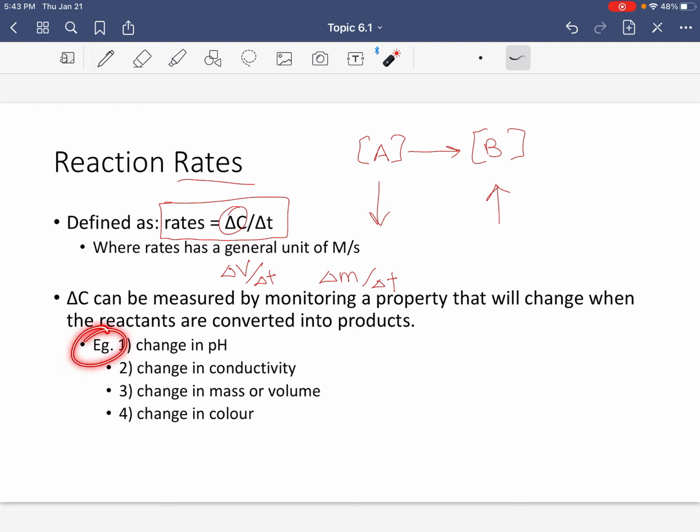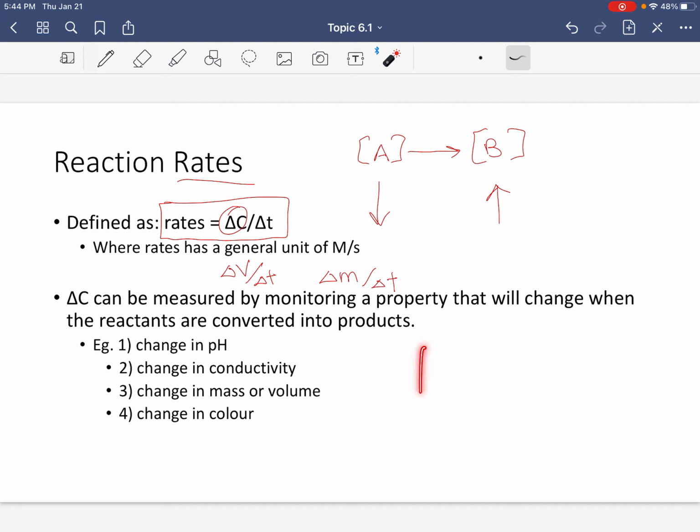Well, let's take a look at some examples. pH is a property, right? That's pretty obvious here. pH measures the amount of hydrogen ions in a solution. I mean, as the number of H+ decreases because it's turning into water, pH increases. And you will monitor the increase of pH using a pH probe.